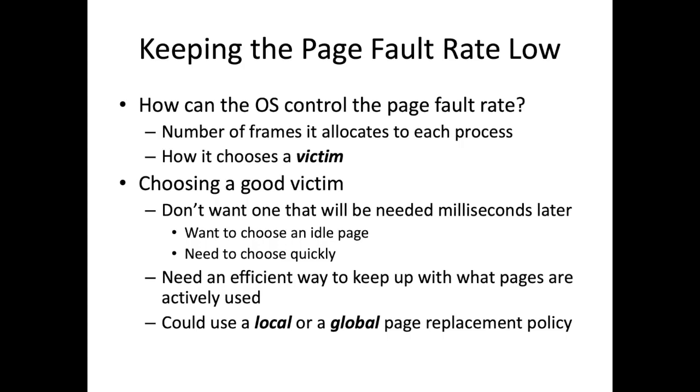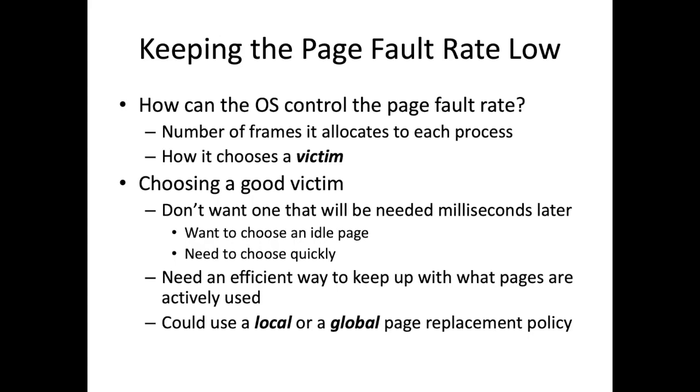There is one other choice the OS can make, and this is really in how it allocates frames and how it chooses victims. The OS can enforce either a local or a global page replacement policy. A local policy means when a process page faults, one of its own pages will be chosen as a victim. So you can effectively steal pages, but only from yourself.